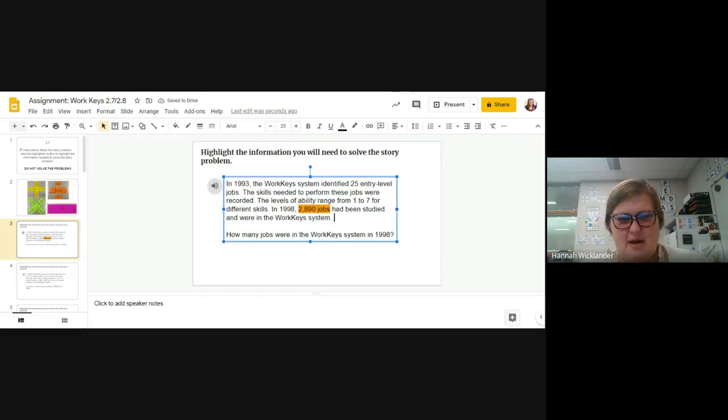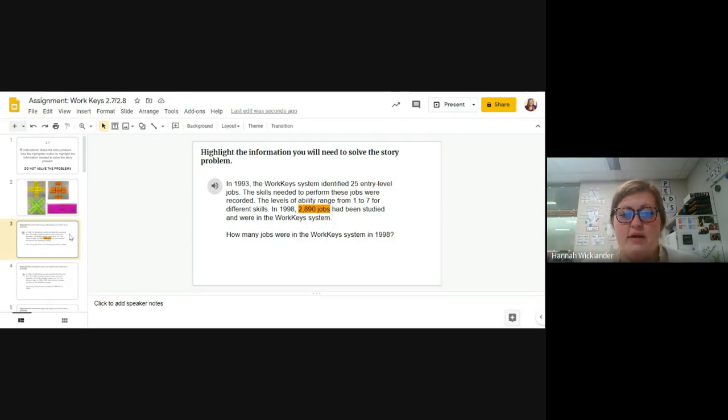And then all this other stuff, it says in 1993, the WorkKeys system. So everything up until where it says in 1998 is talking about 1993. And the question just wants to know in 1998. So I highlighted what I needed and that's all. And now you can move on to the next problem. So they're simple. They're just highlighting information.